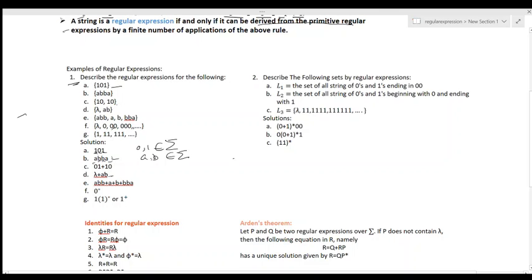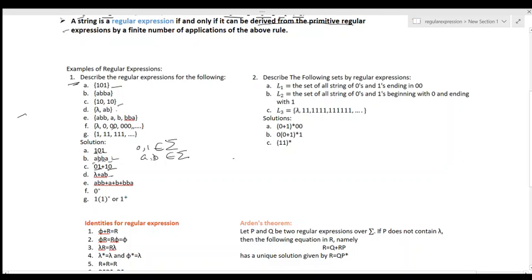Now for C, this comma indicates there is a possible different variation of these strings, and 0 and 1 are also part of the input symbol, so we use the plus symbol here, and this can be represented by R1 and R2. So R1 plus R2 is also a regular expression.